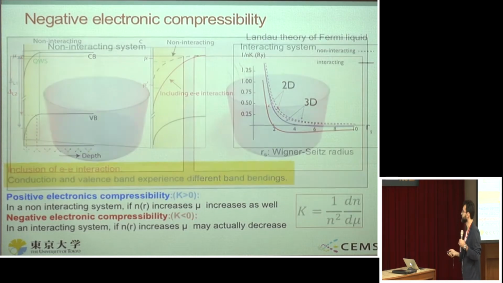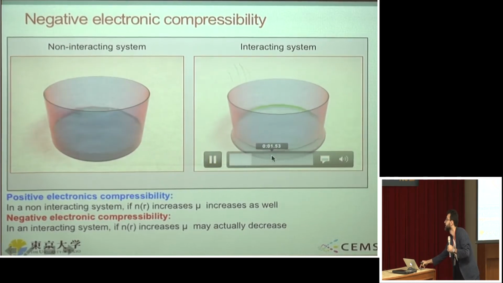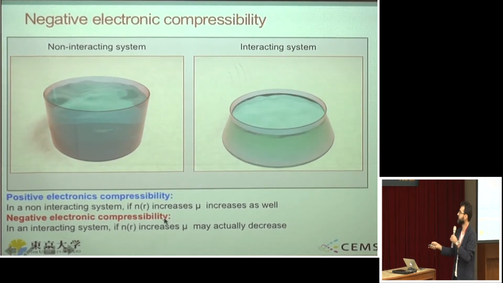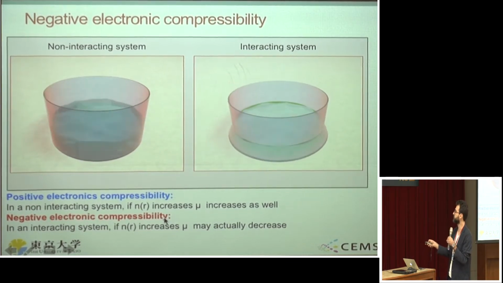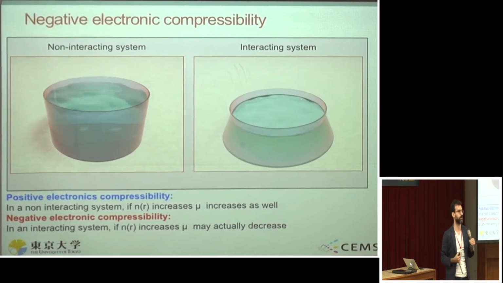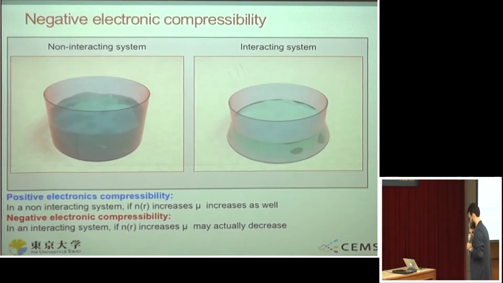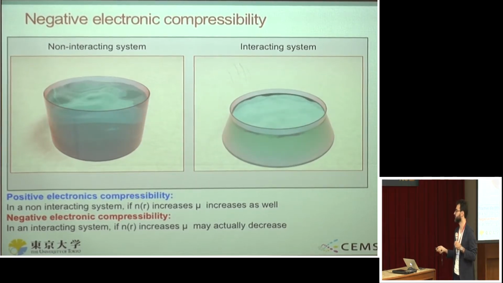And this can be shown with this animation. If you have a non-interacting system, when you put in more carriers, your chemical potential shifts upward. When you have interaction, the chemical potential shifts downward because your bands are modified due to this electron-electron interaction, which leads to this negative electronic compressibility.